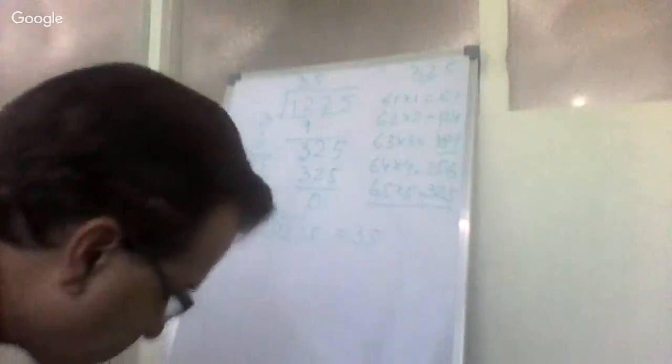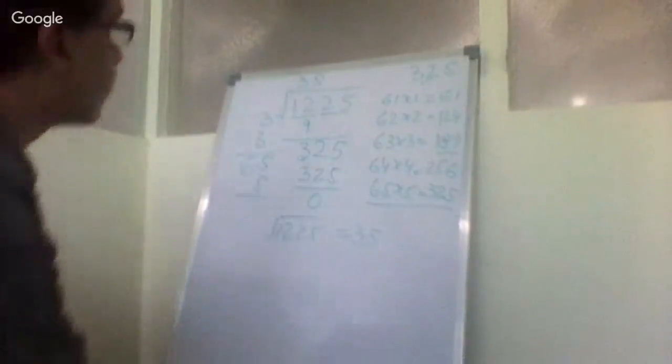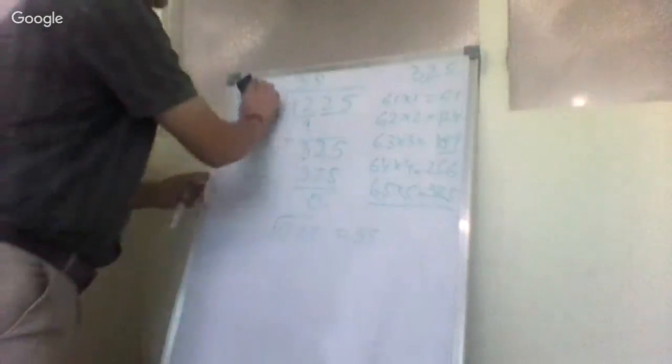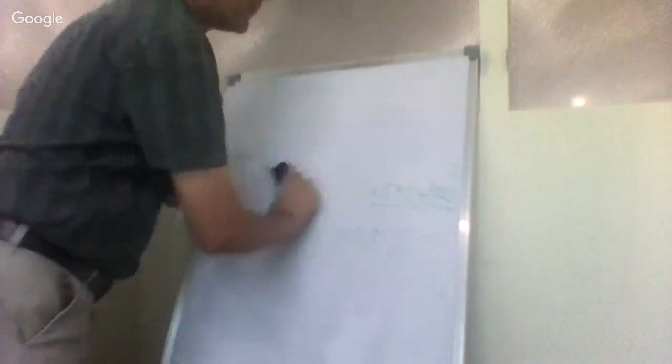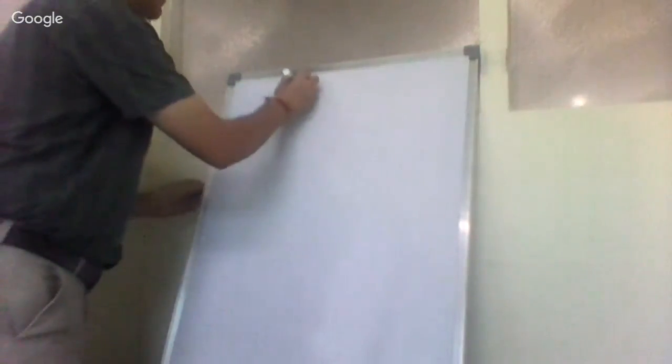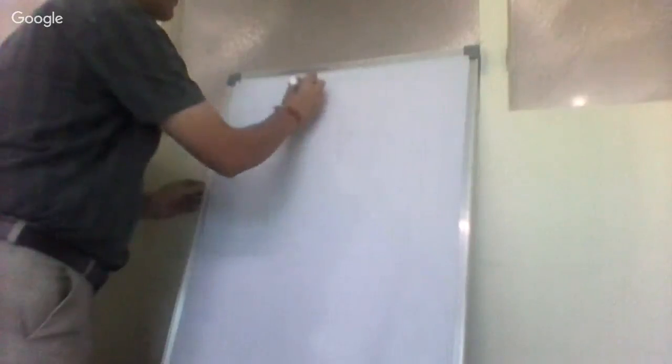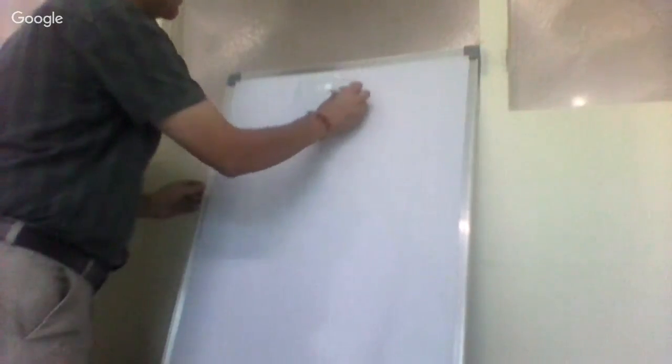Can you do one problem now? Yes, sir. Right, I'll give one problem. Find the square root of 2025.